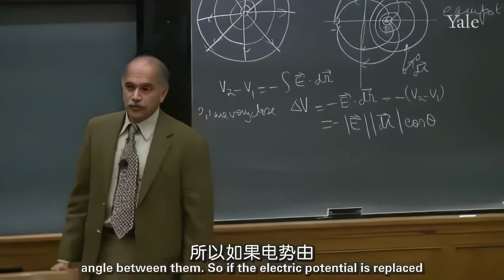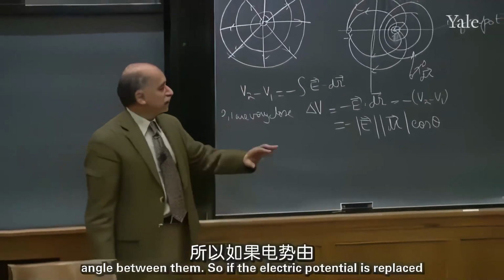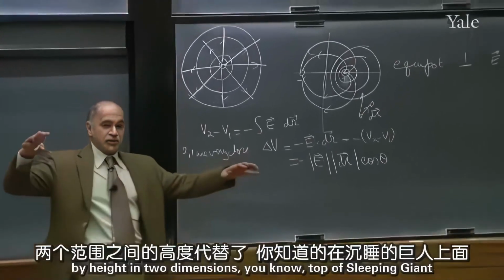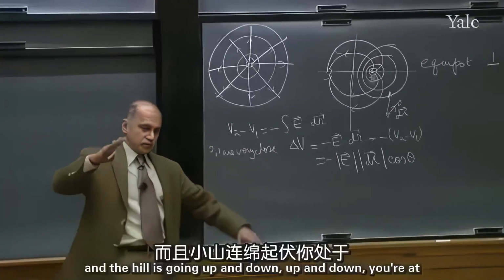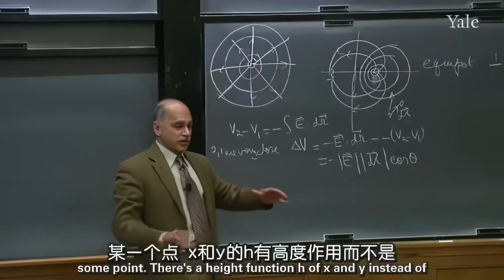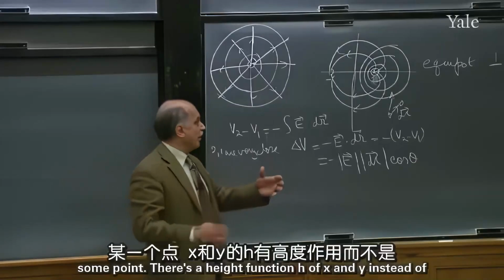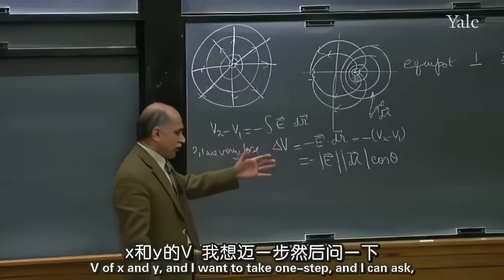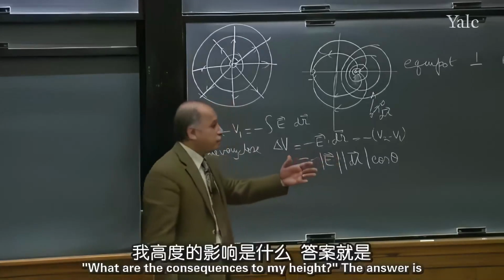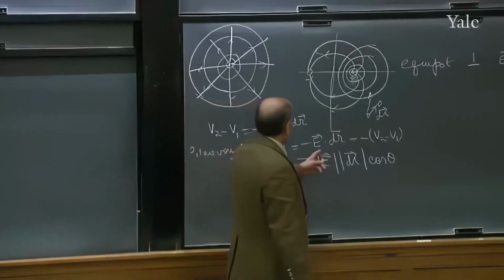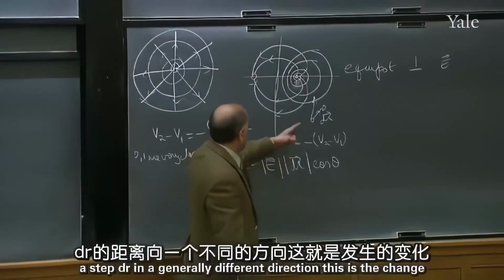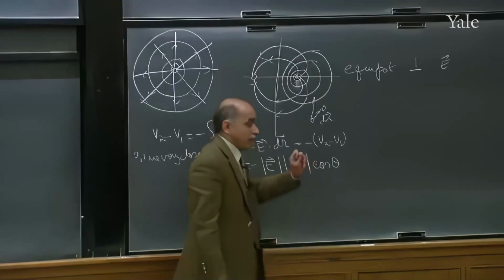So if the electric potential is replaced by height in 2 dimensions, top of a sleeping giant, and the hill is going up and down, you're at some point. There's a height function h of x and y instead of V of x and y, and I want to take one step, and I can ask, what are the consequences to my height? The answer is, if the electric field is pointing in some direction, and you take a step dr in a generally different direction, this is the change you get.